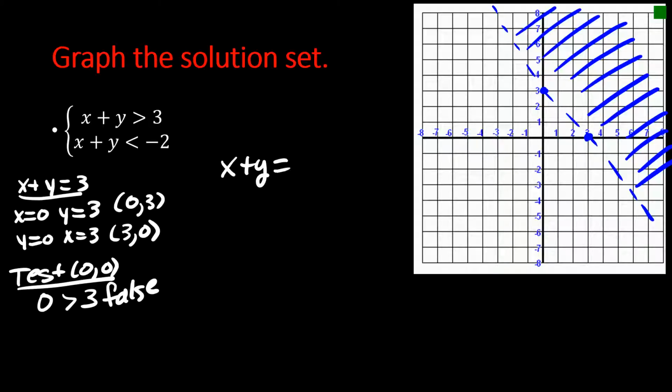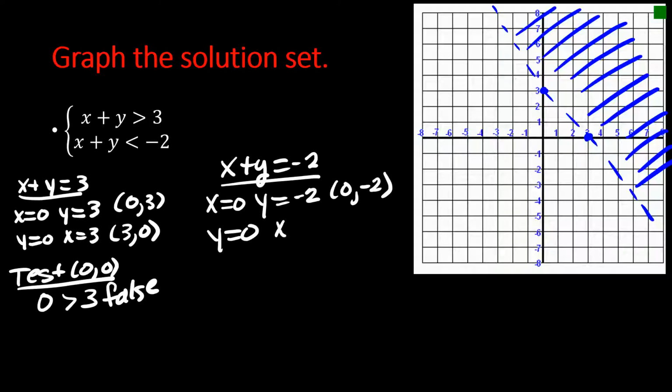X plus y equals negative 2. So if x is 0, y is going to be negative 2. And if y is 0, x is going to be negative 2. So we have 2 points, 0, negative 2, and negative 2, 0.